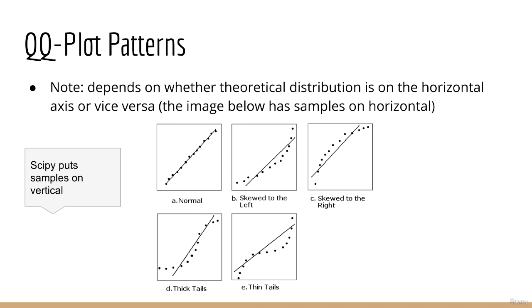If you switch the axes, then you also have to flip the plots. The plots from this image correspond to samples being on the horizontal axis and the theoretical distribution being on the vertical axis. As an exercise, you might want to generate your own data to demonstrate that these patterns do in fact correspond to these scenarios.